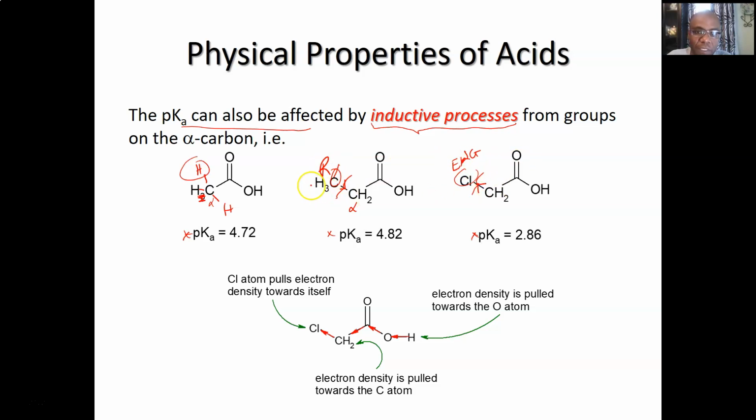So you have electron donation, you have electron pull. Which one do you think will give you a stronger acid? Now, without looking at the pKa, let's look at the conjugate bases that will be formed once this hydrogen is lost to a base. So let's say you have a base that will take out this hydrogen, like we did in the previous slide.